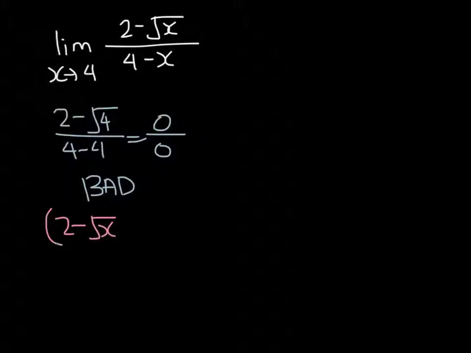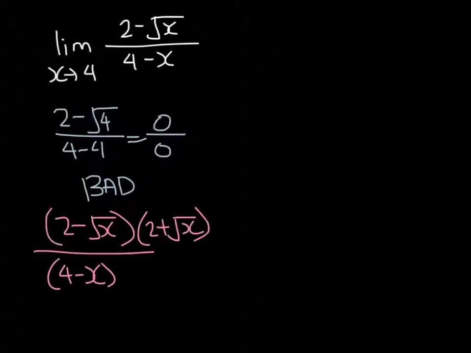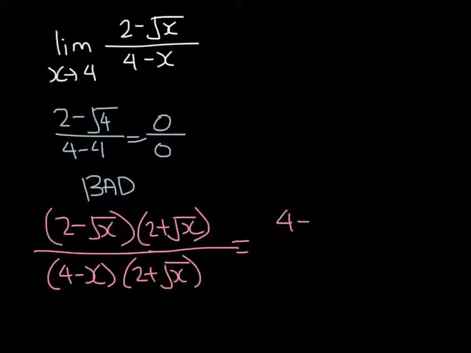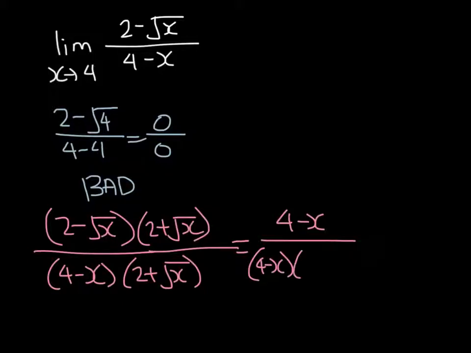So we'll take this, multiply everything out, and on the top we end up with 4 minus x, and on the bottom we have (4 minus x) times (2 plus the square root of x).